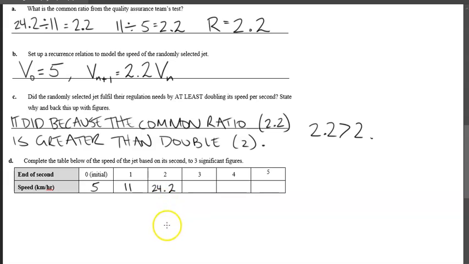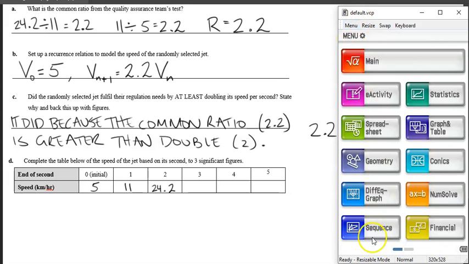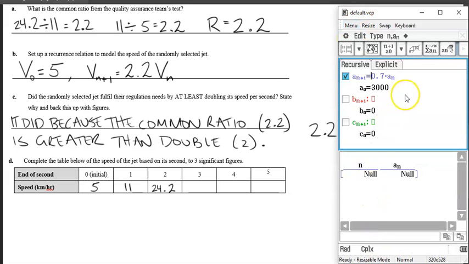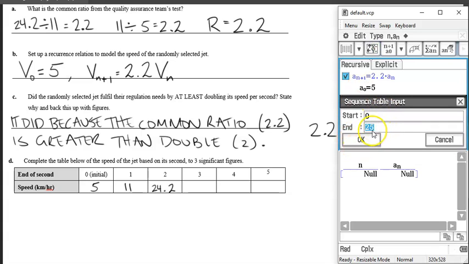You can do this via the calculator, or via the table. I'm going to use the table via the sequence function. My recurrence relation is just 2.2 multiplied by a of n, and I want to establish my initial as 5, going from 0 to 5.